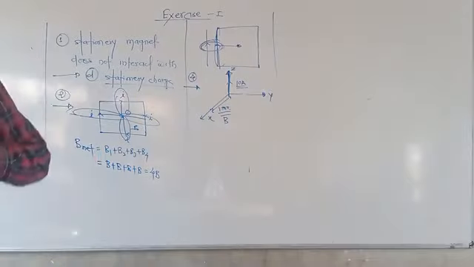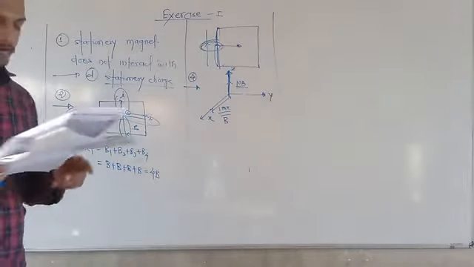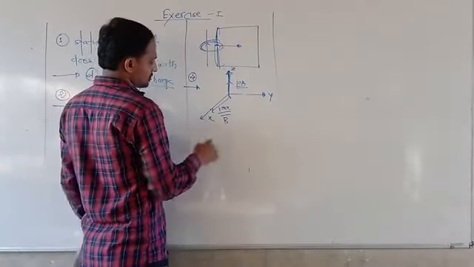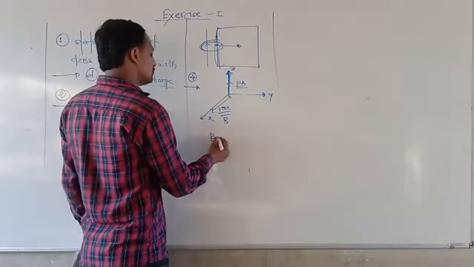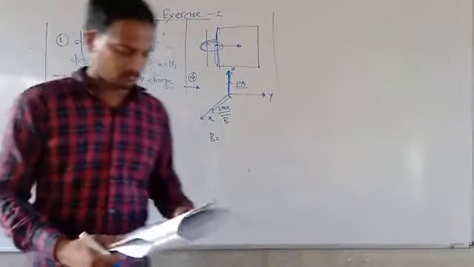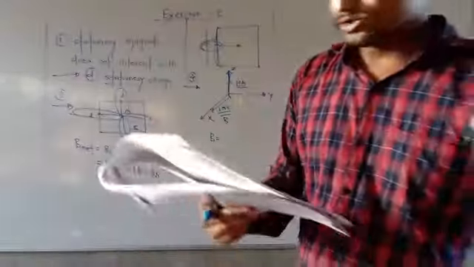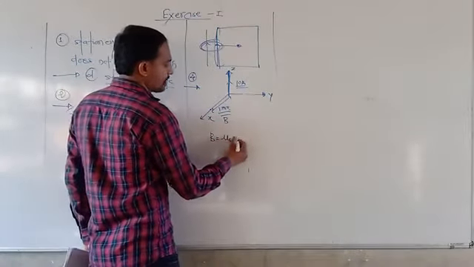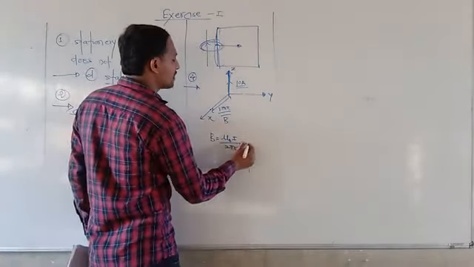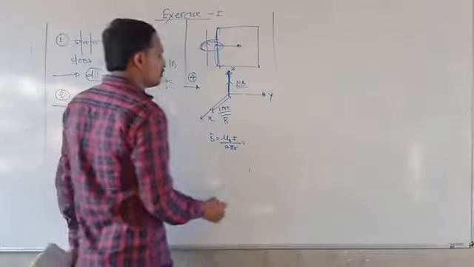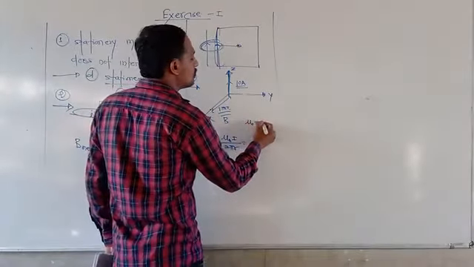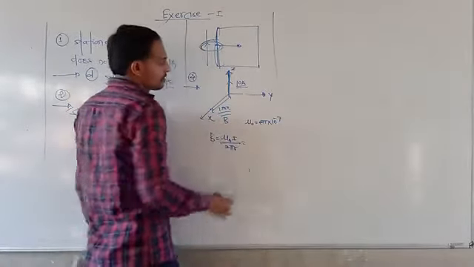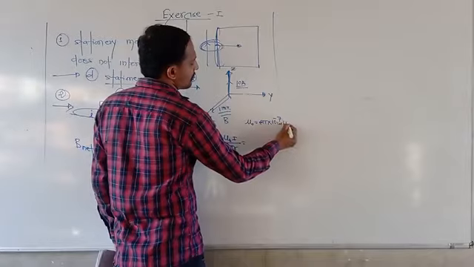So how do we find that field? For a straight current carrying conductor, B is equal to mu 0 I upon 2 pi r. Mu 0 is equal to 4 pi into 10 raised to minus 7 Weber per meter.